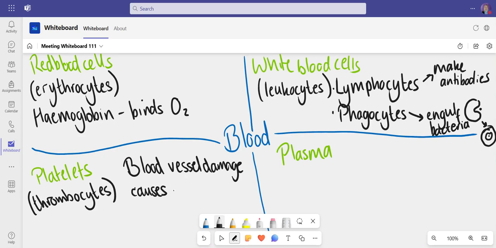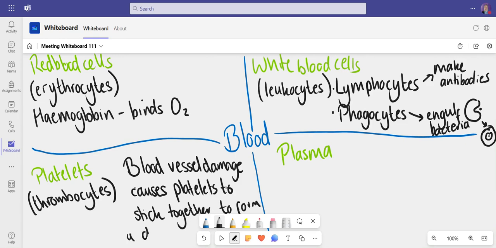So blood vessel damage causes platelets to stick together to form a clot. A blood clot is just when the blood cells all stick together using the platelets so that you don't keep bleeding, so it prevents bleeding.